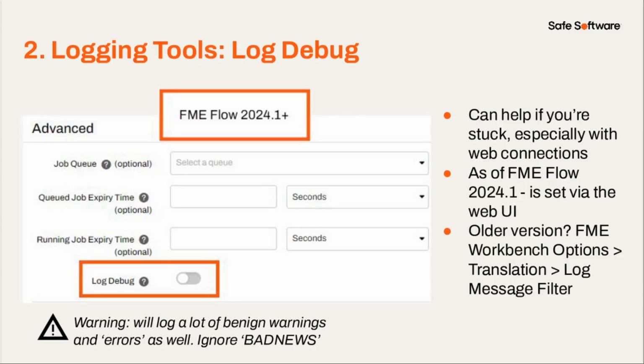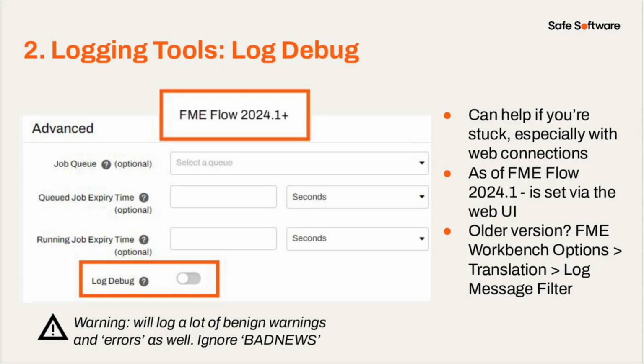There's also a log debug mode in FME, and as of 24.1, you can enable log debug on the FME Flow web UI under advanced options. This can help if you're really stuck, but do be warned, this will log a lot of benign warnings and quote unquote errors as well. So just ignore the quote bad news errors because they're usually, in fact almost always, benign with log debug mode on.